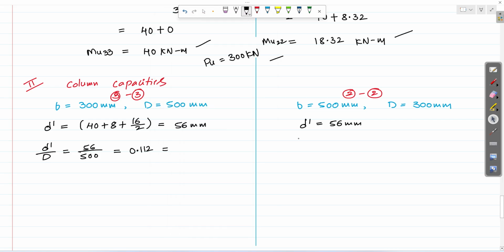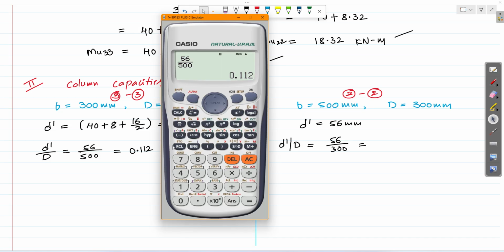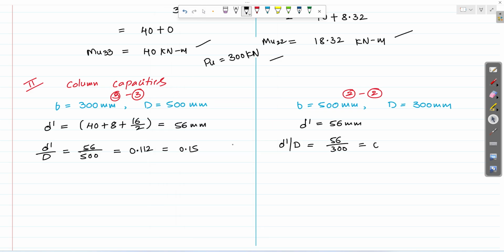0.112. So higher value, next value is 0.15. So here d dash by d, d dash 56, d 300. So 56 divided by 300, it will be 0.186.